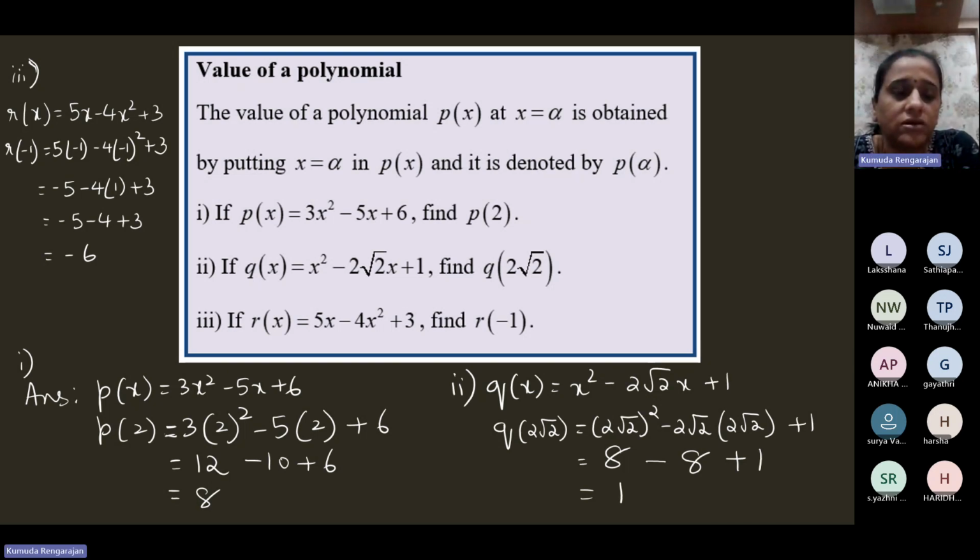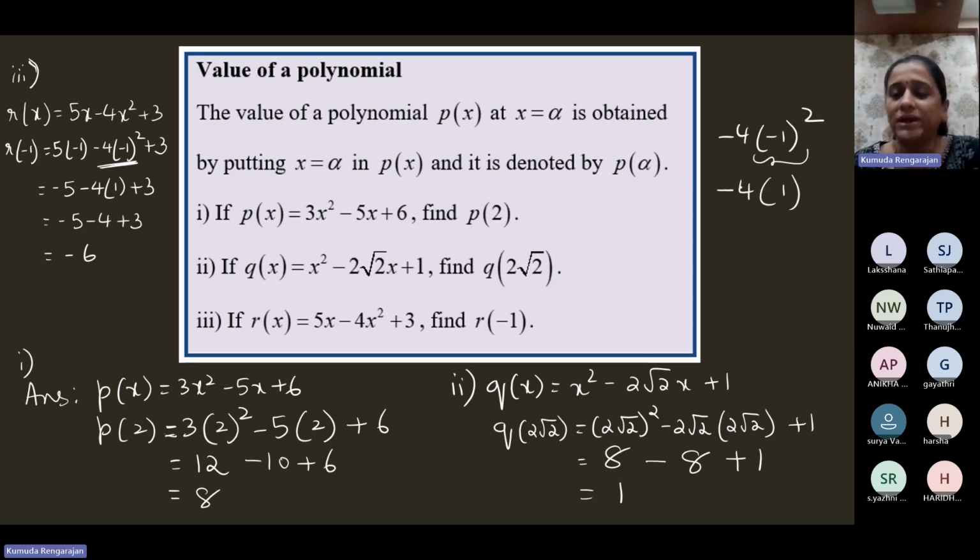So in the third one, when you substitute minus 1 for x, see how to simplify this one. Minus 4 into minus 1 the whole square. You need to simplify this first. You should not multiply minus 4 and minus 1. You must first simplify the power. Minus 1 the whole squared. So minus 1 into minus 1 is plus 1. So it is minus 4 into 1.